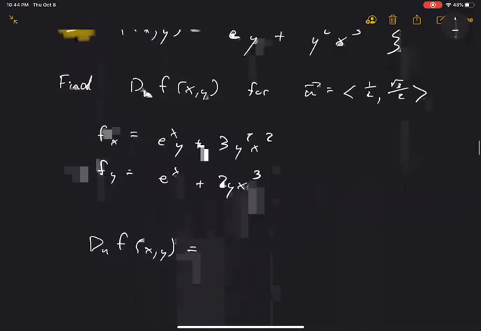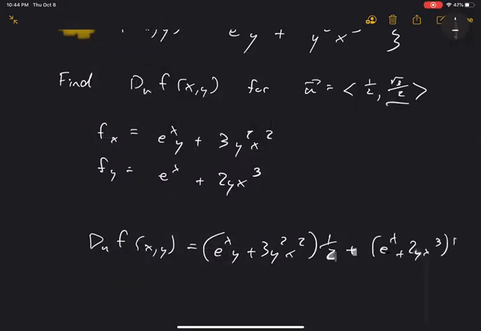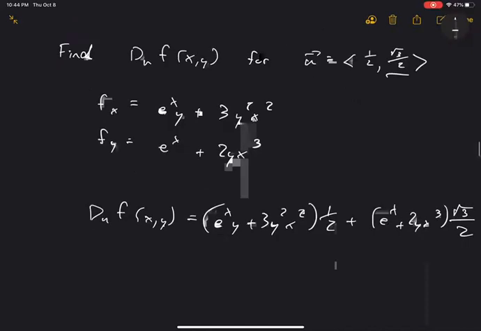So my directional derivative in the direction u should be e to the xy plus 3y squared x squared times a, okay, which in this case is 1/2, plus e to the x plus 2y x cubed times b, which is square root of 3 over 2. All right. So that's my directional derivative in the direction u, okay?